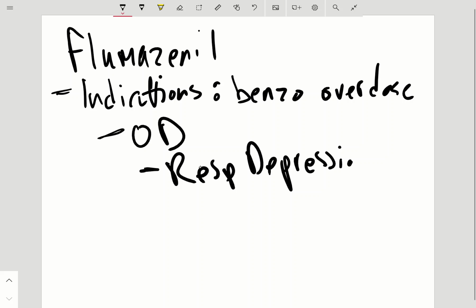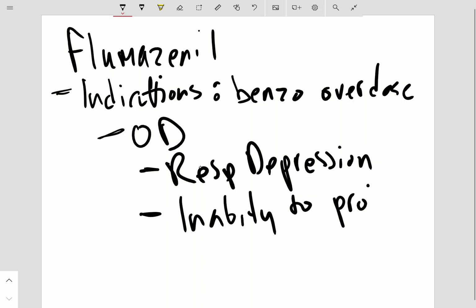And the other thing that we're concerned about is inability to protect your airway. Okay, those two things right there are indications for RSI. So if we have the ability to turn this overdose around and not RSI somebody, generally we would think that we need to reverse that.